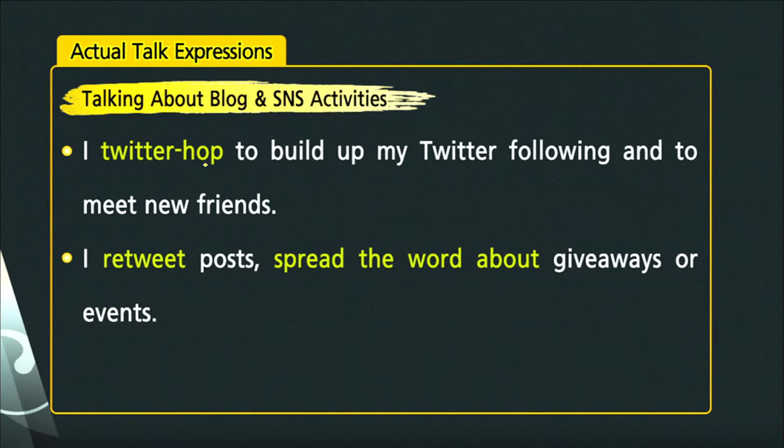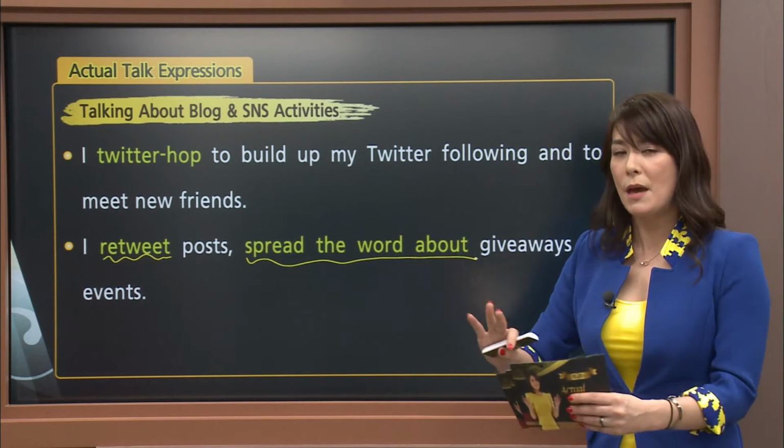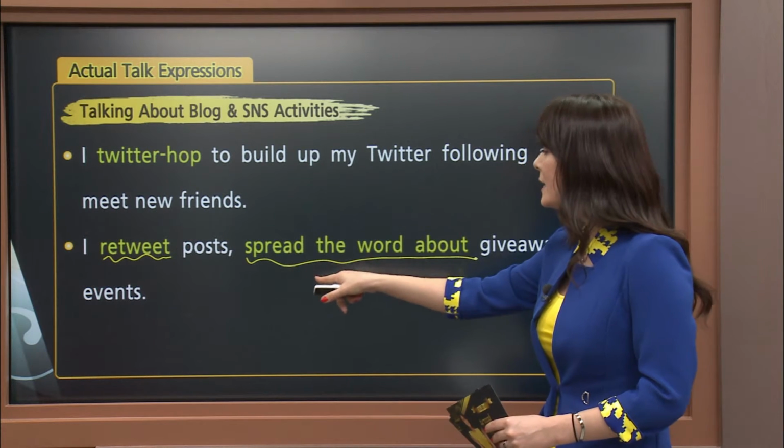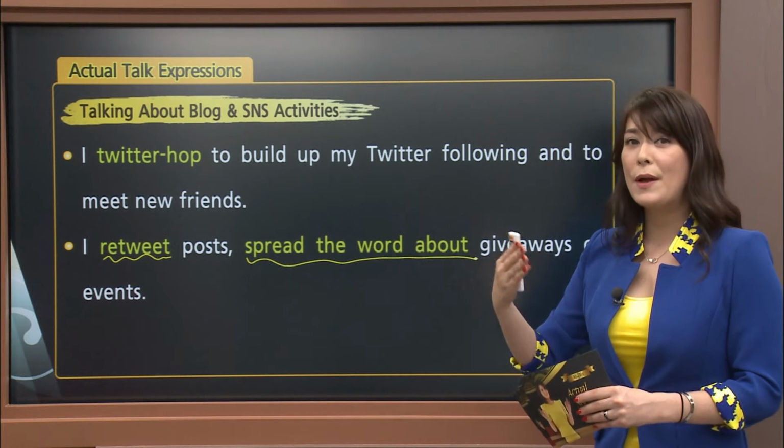Another one, I retweet posts, okay? This is, of course, on Twitter. Spread the word about giveaways or events. So if you go on perhaps someone's Twitter page and you tell them about something, you are spreading the word about something, meaning you are letting others know about something.